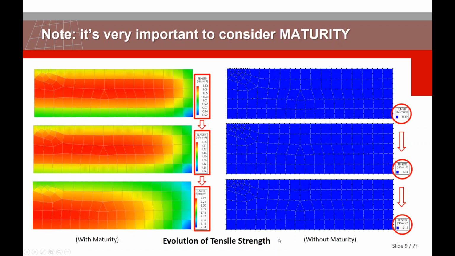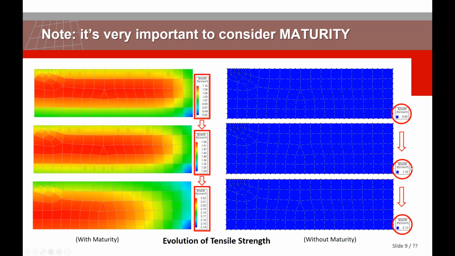We discussed that maturity is very important. Why is it important? Maybe I can share this result. This is the evolution of tensile strength in time. If you don't consider maturity, you will get exactly the same homogeneous concrete property along your section.